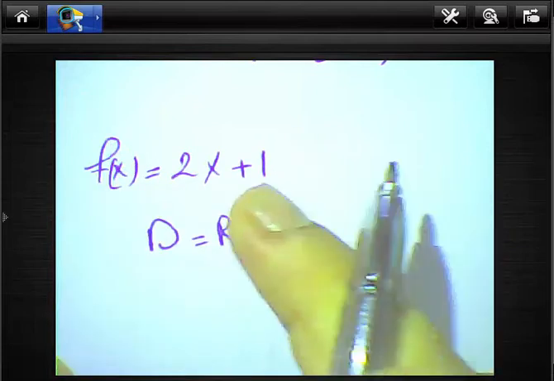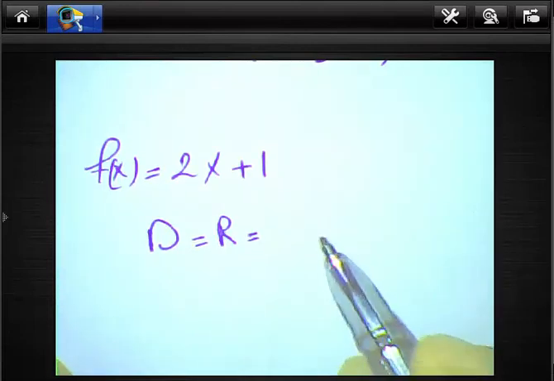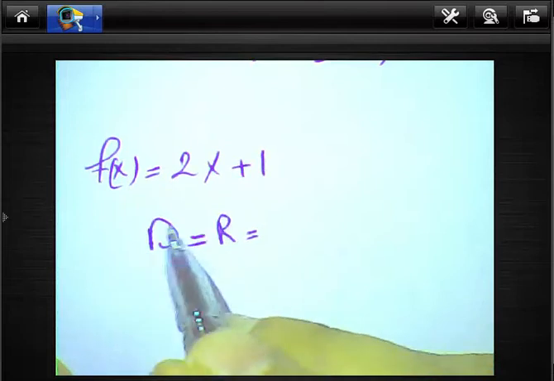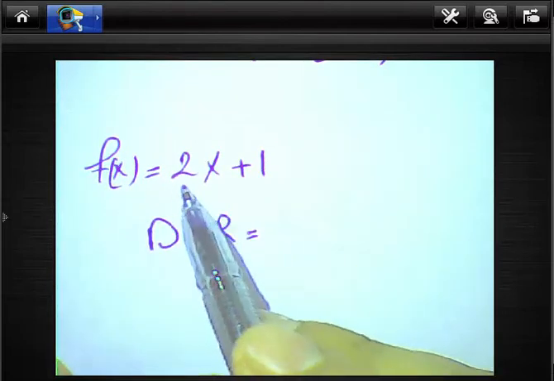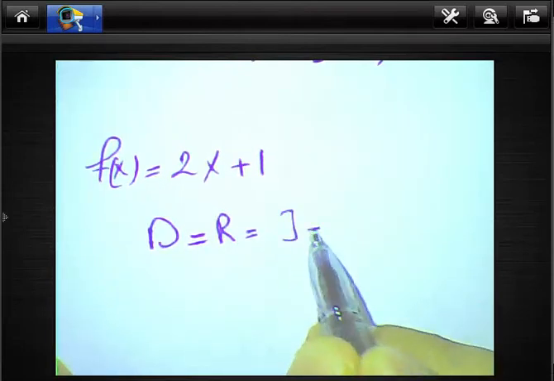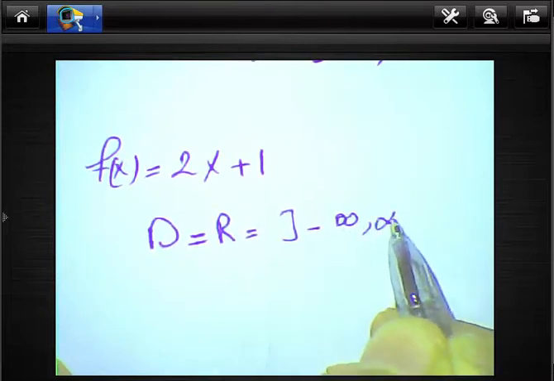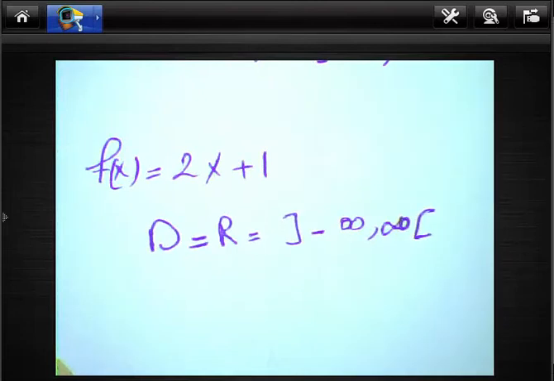So for each number we can find the image, such as 2. If we put here 2 multiplied by 2 equals 4, 4 plus 1 equals 5 and so on. So the domain equals R, or we can write it as the open interval from negative infinity to infinity.